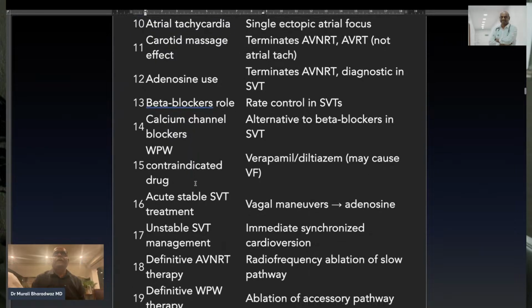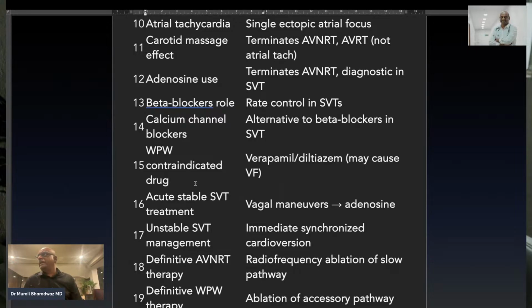Then carotid massage. If you do carotid massage, the vagus will get stimulated if it is AV nodal reentrant tachycardia or AV reentry. In Wolff-Parkinson-White syndrome, the conduction goes directly from atria into ventricle, but that is not AVRT.